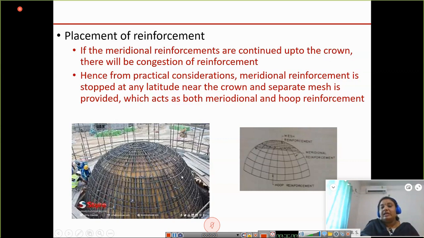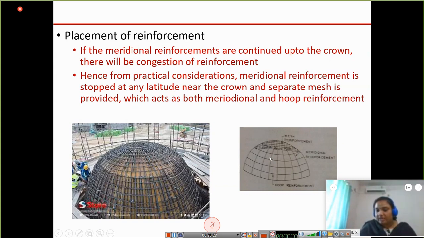What will happen? There will be congestion of the reinforcement. There will be a lot of congestion, and it is very difficult to place the reinforcement, and it is very difficult to place the concrete, and this can lead to a lot of issues. So that is why, for practical consideration, we stop the meridional reinforcement at a certain latitude.